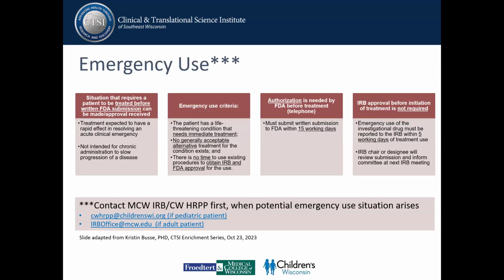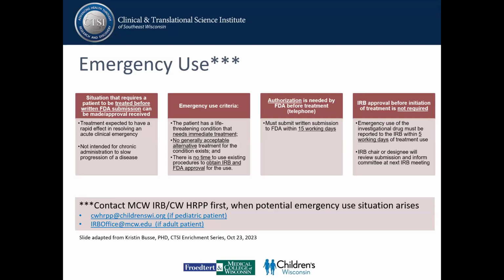But for Claire's question, if you have an emergency use situation, you treat the patient first and then deal with the IRB approval later. That's a very rare case. Most times you can get prospective IRB approval before treating the patient. So you can get an EIND, emergency IND, but still be a treatment use application.